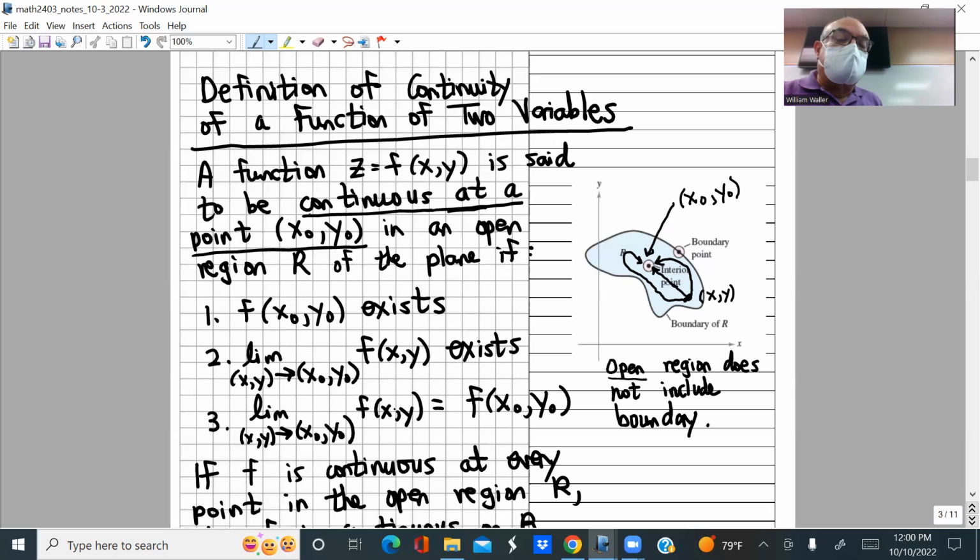That limit has to exist, and it has to be the same as the function value at your given input x0, y0. So this limit has to be the same as what you would get if you plugged x0, y0 into your function.